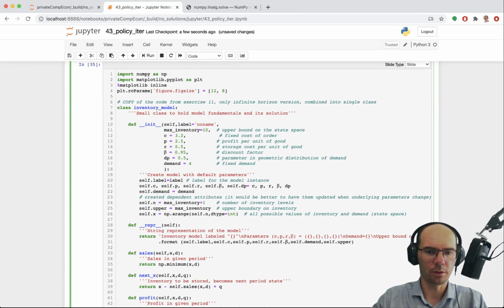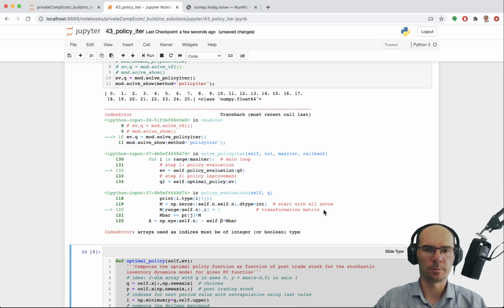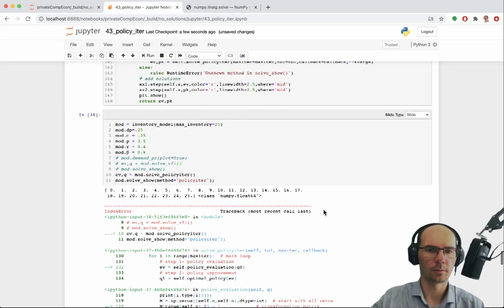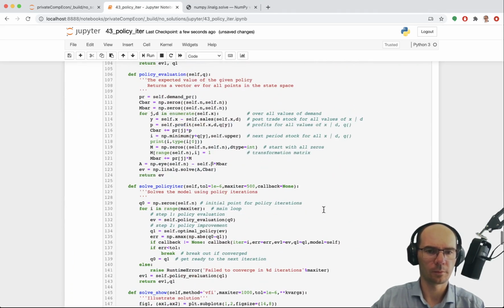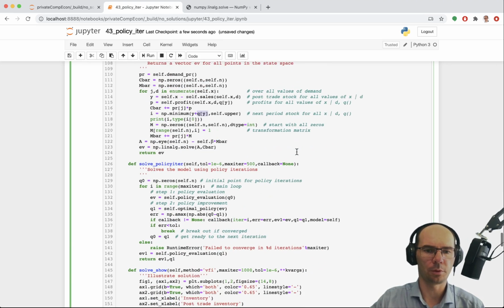Max inventory is 10. So I guess Q must be a float.